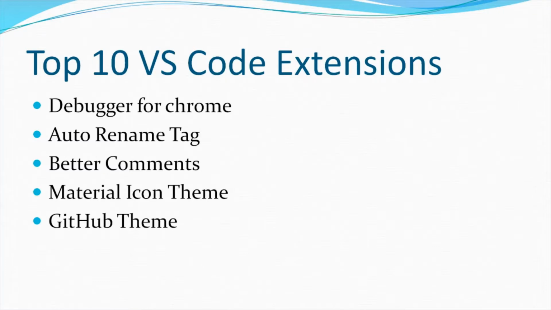So these are the 10 useful Visual Studio Code extensions which help every software developer ease their work in day-to-day operations. Let's see that in action in Visual Studio Code.